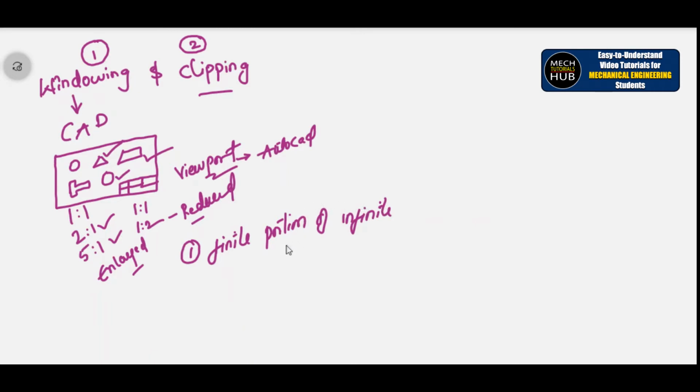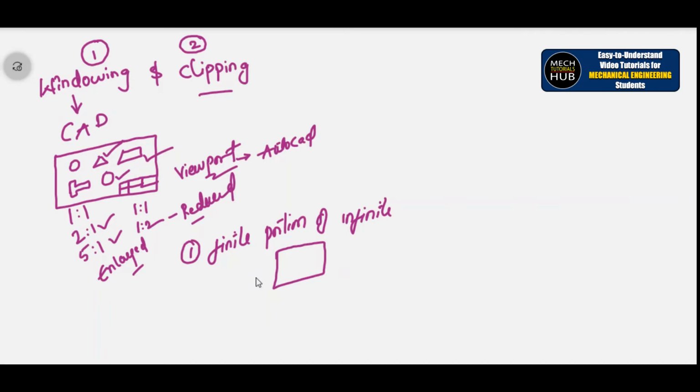The space available on the graphic window is limitless, but we need to use a specified portion out of it. Okay, now if you are very good at any of the modeling softwares, if you pan the graphic window where you going to draw your sketch, you keep on pan it, you keep on get the graphic window. There won't be any end. It is a endless window, so you can draw as many sketches as you want.